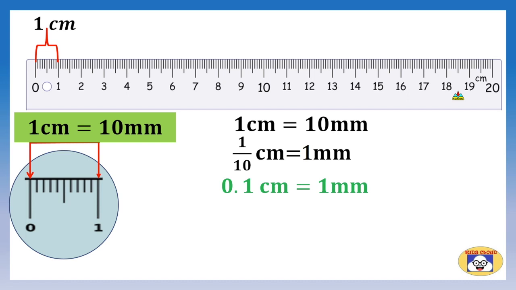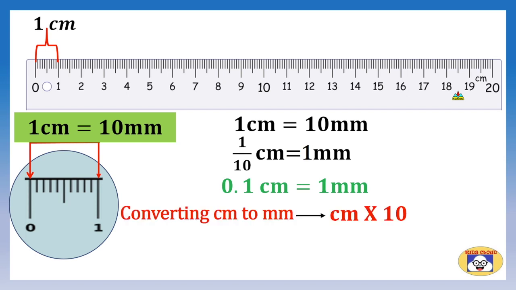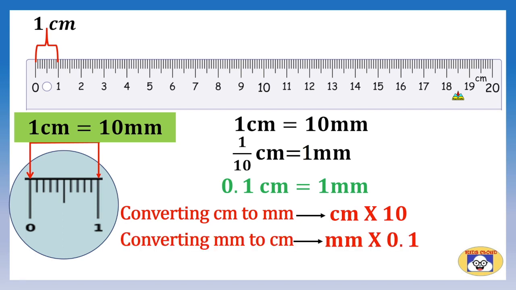It implies when you are converting centimeter into millimeter, you have to multiply the number with 10. While converting millimeter to centimeter, you have to multiply the number with 0.1. Alternatively, you can convert millimeter into centimeter by dividing millimeters by the number 10.